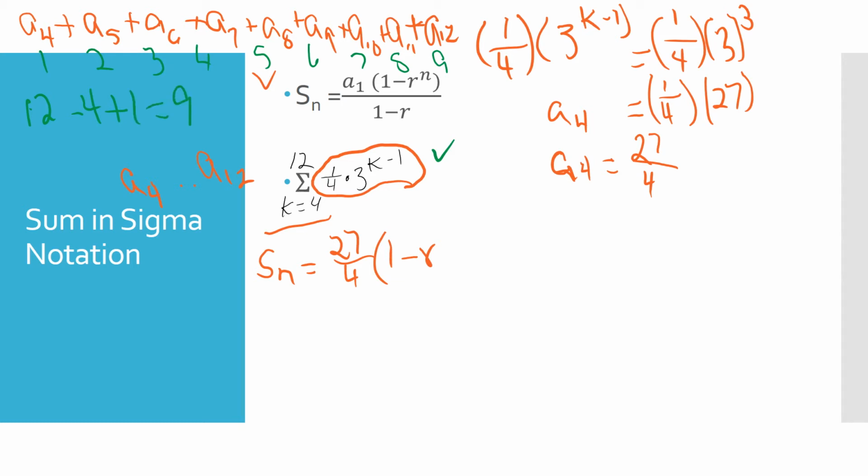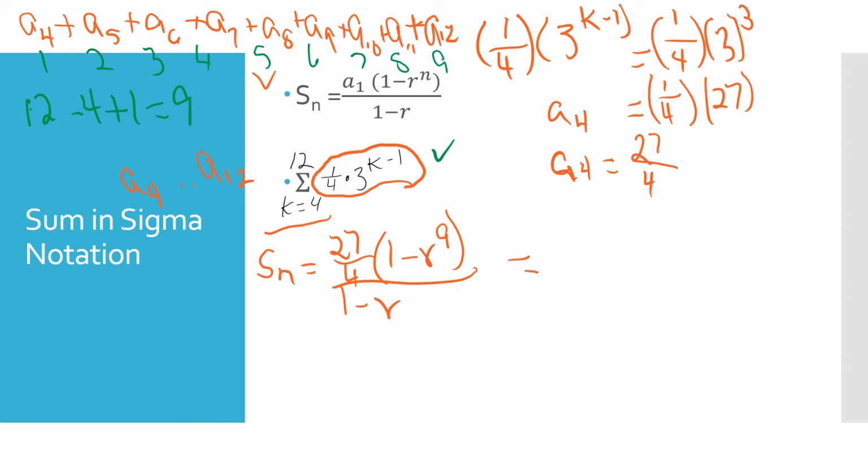So when we're looking at sigma notation, we take the number on top of the Greek letter sigma, 12, and subtract k, or whatever variable is below sigma. Subtract those and then add 1. So coming back here, we're going to have r to the 12 minus 4, which is 8, plus 1, so the 9th power, over 1 minus r. All right, so let's plug in some numbers.